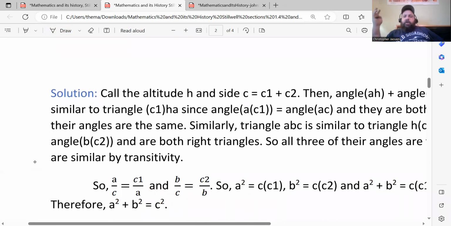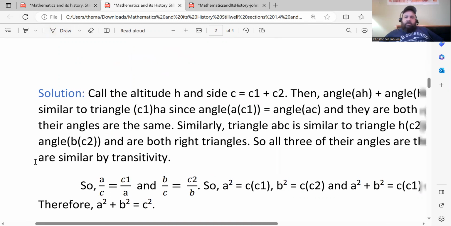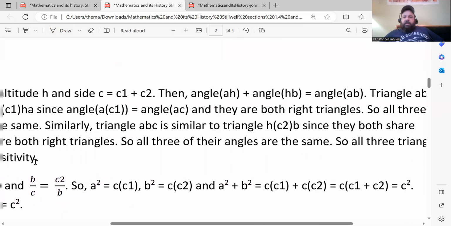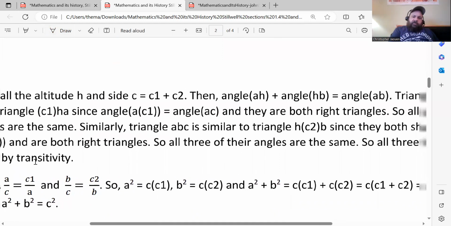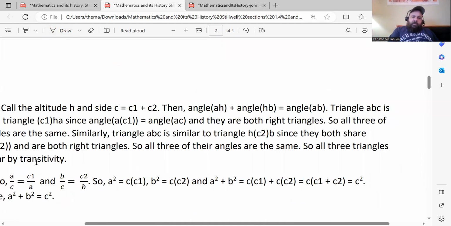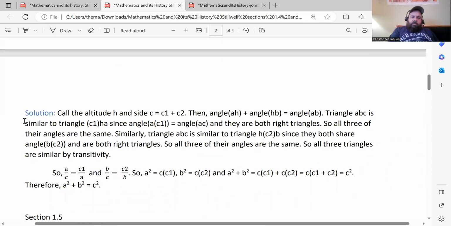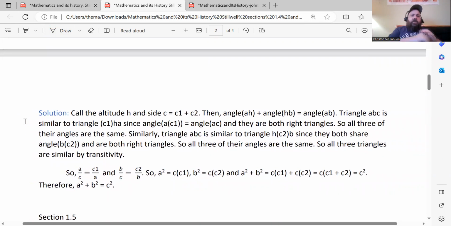Then angle AH plus angle HB equals angle AB. Actually, I'm going to have to make this smaller so I can fit it all on the screen here. Okay. The angle AH plus angle HB equals angle AB.